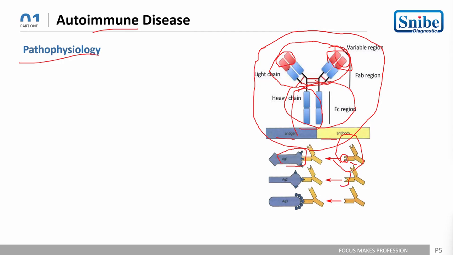You can see here that antigen 2 also has a highly specific region that can only bind with antigen 2, not with antigen 1 or antigen 3. Again, antigen 3, which also has a variable region, is highly specific for antigen 3. So this is all the pathophysiology.